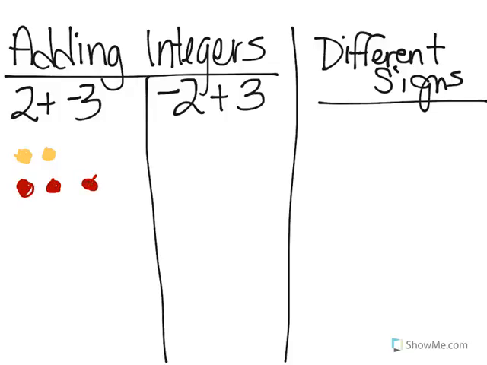Something I notice is that a positive and a negative together is 1 minus 1, so that's called a zero pair.